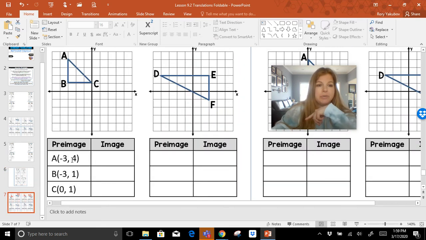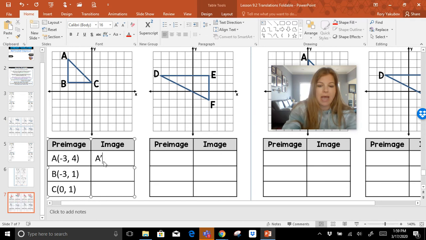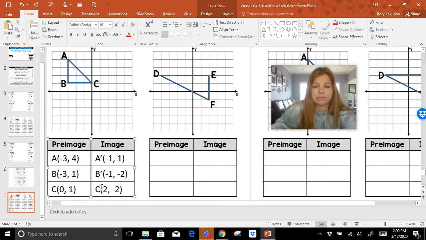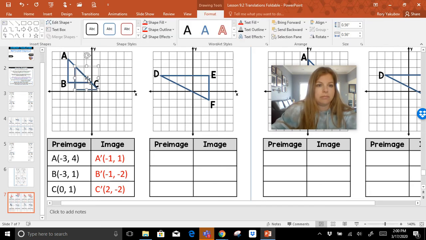So add 2, subtract 3. Add 2, subtract 3. Add 2, subtract 3. Okay.